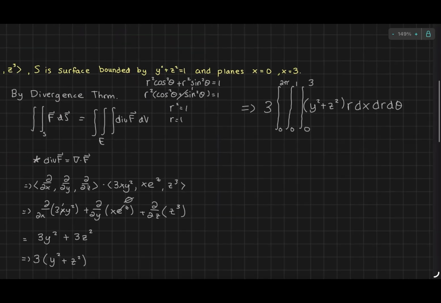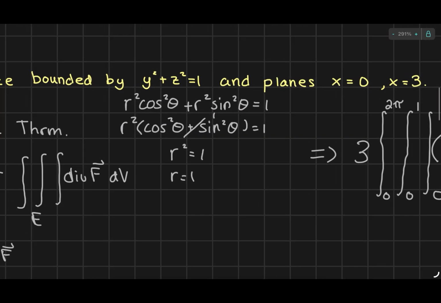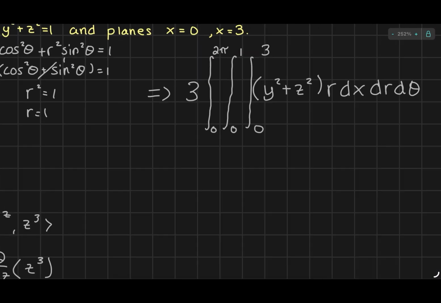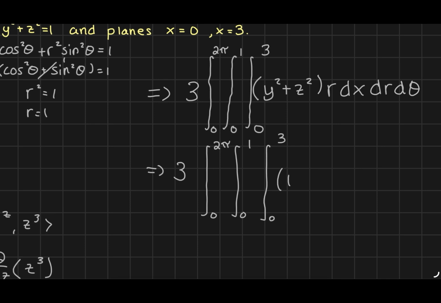Y squared plus z squared, well, I just solved for that right here. That's just going to be equal to r squared. So this is actually going to be a pretty simple integral to solve here. r squared, r dx dr d theta.